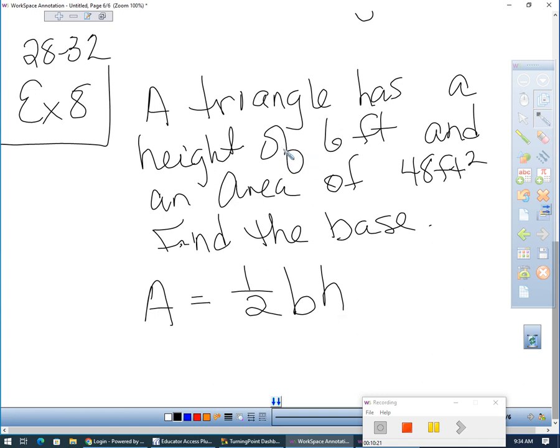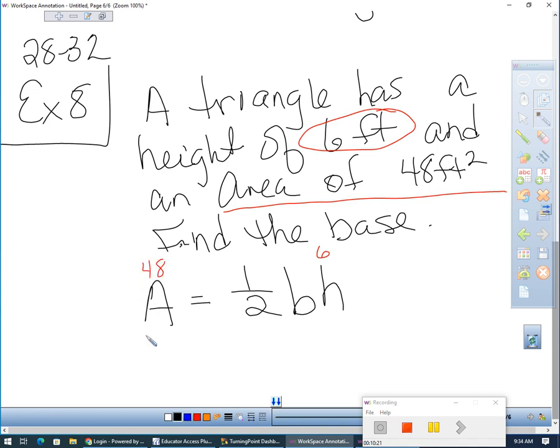All right, so let's plug in the information we have. This tells us we have a height of 6 feet. So what do you think 6 goes in for? H. Okay? It has an area of 48 feet. Where do you think 48 goes? The A. Very good. All right.